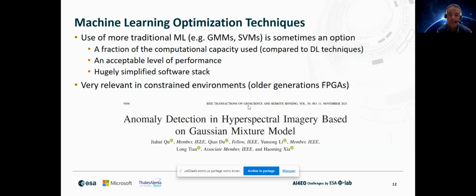You have little dependency, and you don't need any GPU, for example, to train. So it has quite a few advantages, and is not to be excluded at first level. It can bring acceptable performance in plenty of cases, as explained in this recent paper from November 2021.